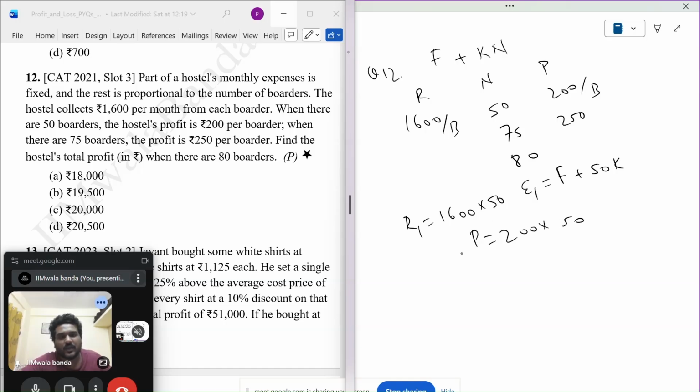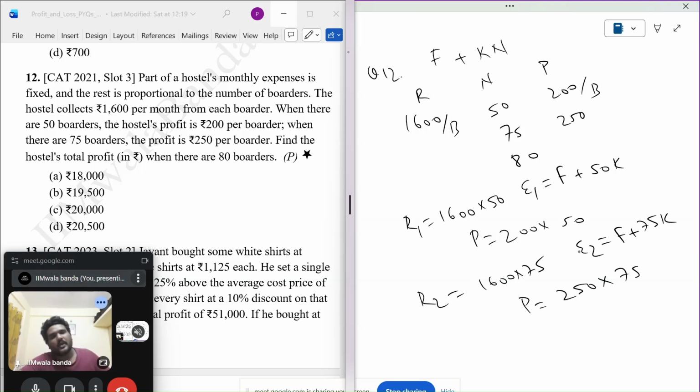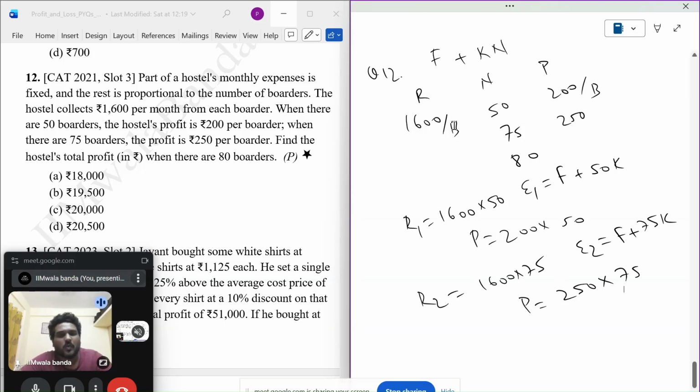I know this. Second case, revenue will be 1600 into 75. Expenditure will be fixed plus 75k. And I know profit will be 250 into the number of boarders. If I again write the third equation, it will be revenue 1600 into 80.